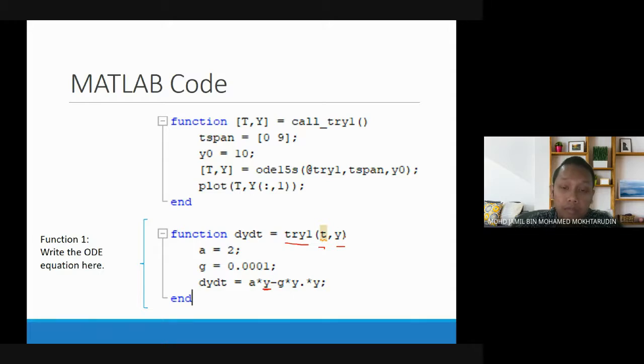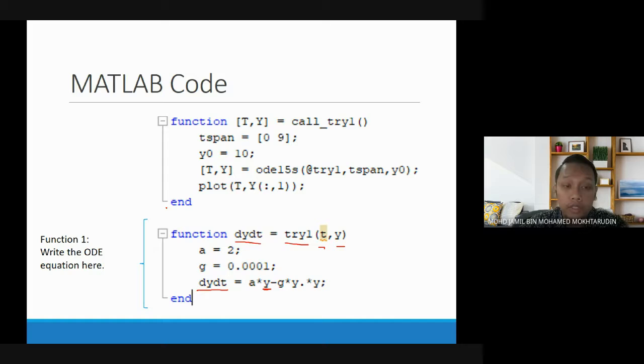And the function must send an output, the dy dt. So if you write dy dt, here also must be dy dt. Let's say if you write dx dt here, then here must be dx dt.